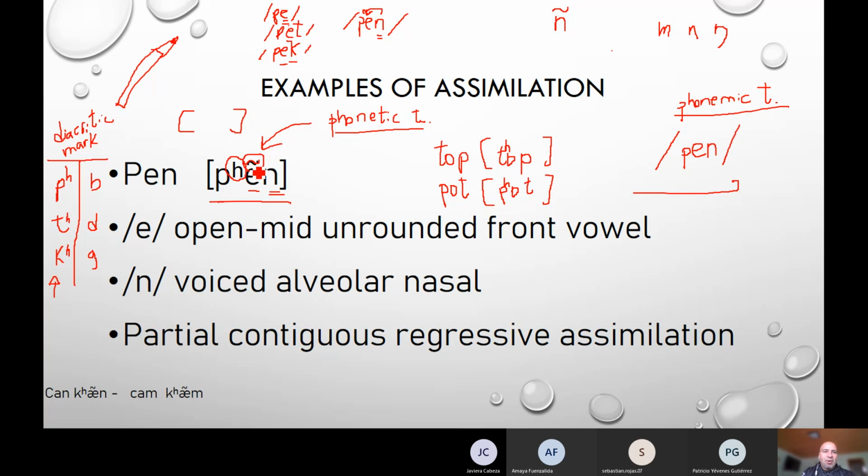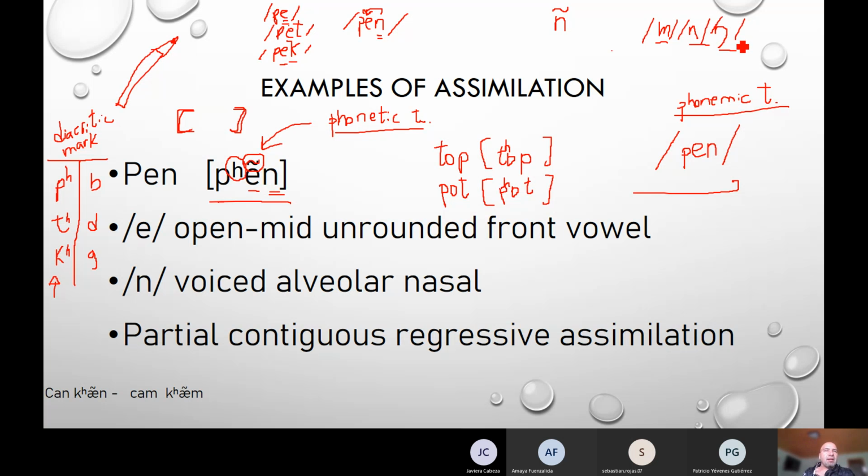So when we're using phonetic transcription, the one that uses brackets, the one that has more detailed information, we are always going to use this symbol for any vowel sound that comes before a nasal sound.